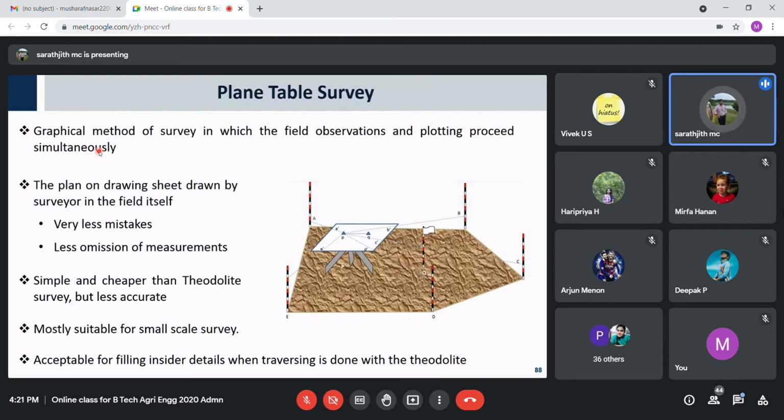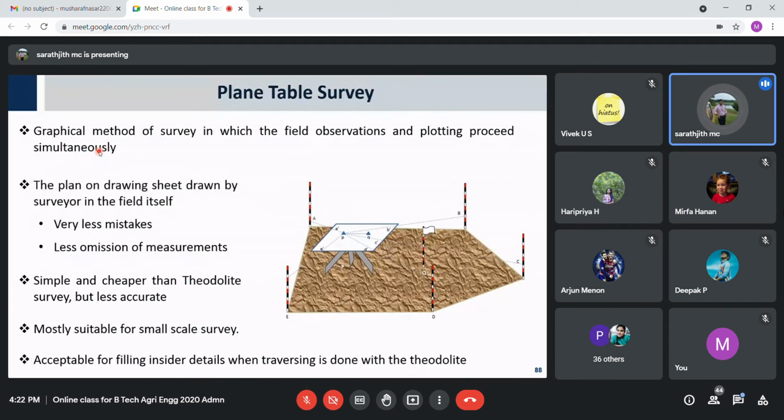Mainly we prefer plane table surveys in this situation: suppose we are doing a very big survey using a theodolite or any other instruments, but you want detailed information of a small part within that large area. In such situations, you make use of plane table surveying.